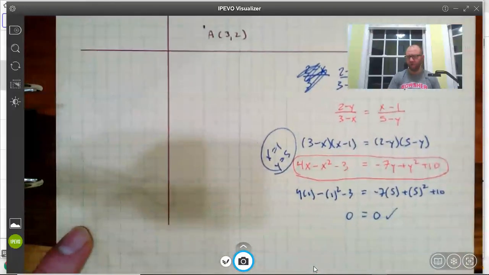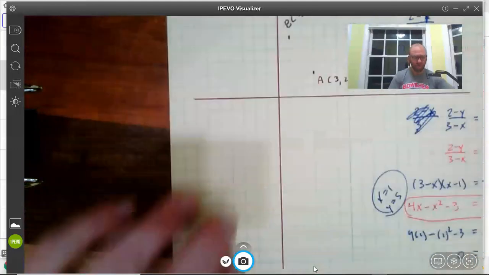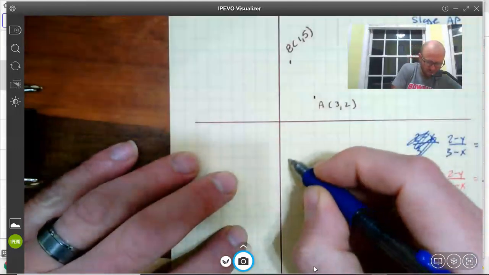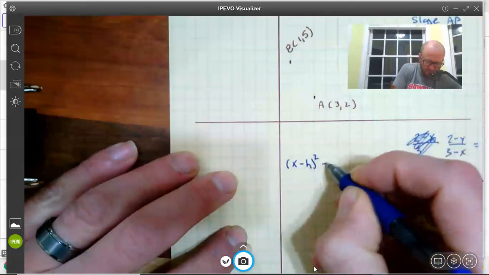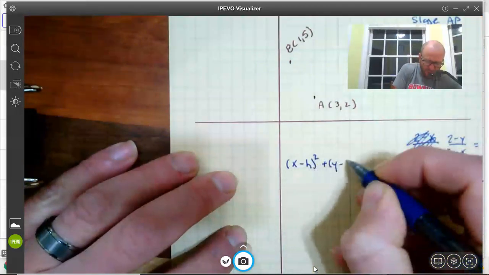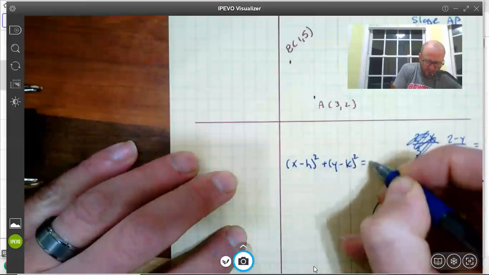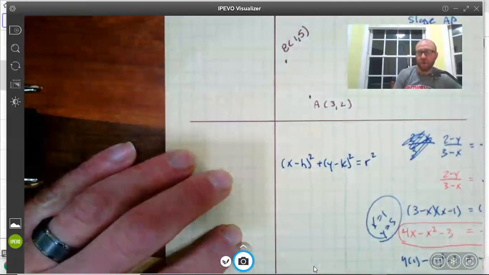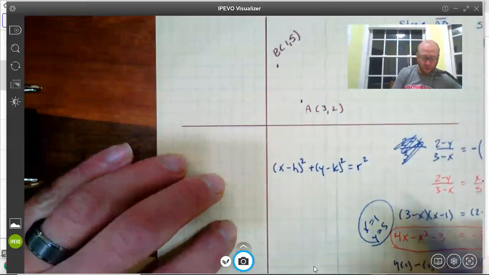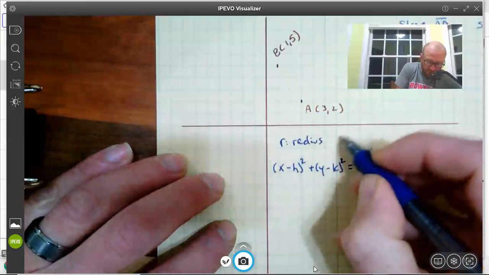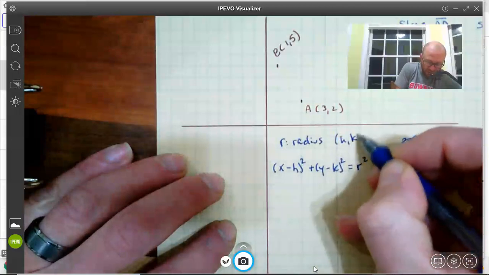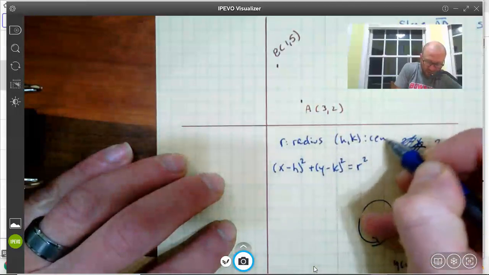Okay. So the formula for a circle is (x minus h) squared plus (y minus k) squared equals r squared, where r is the radius and (h, k) is the center.